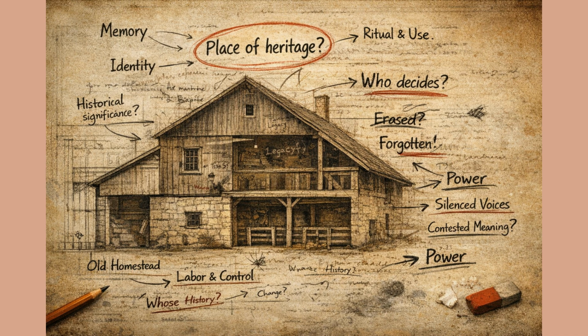So going back to the barn example, if we isolate the structure, we will miss everything that gives it significance. But if we follow its associations in the act, then the building becomes a text, something that can be read, interpreted, and contested.